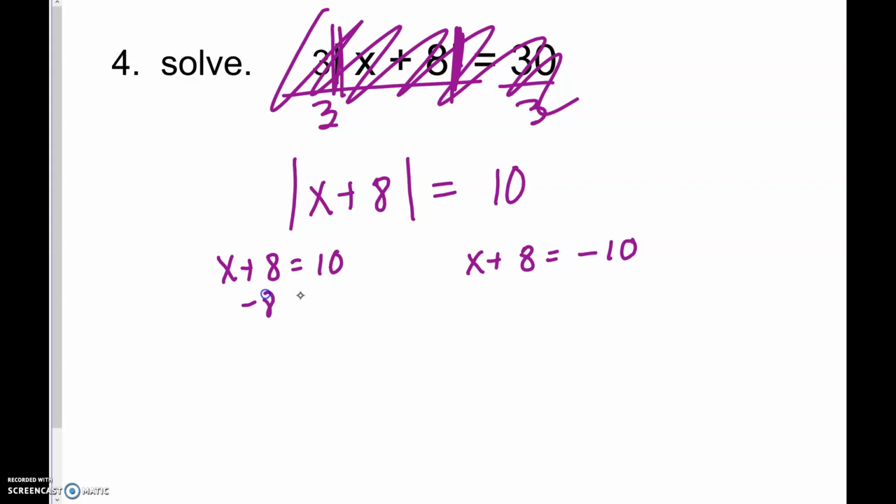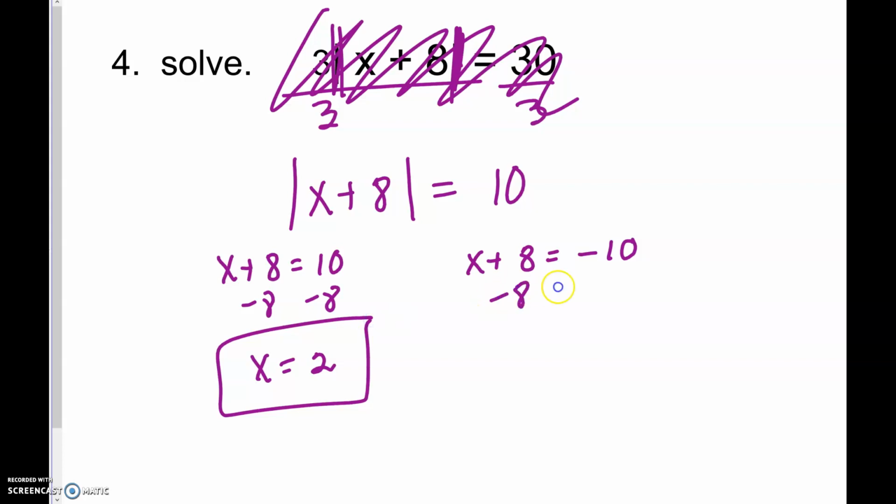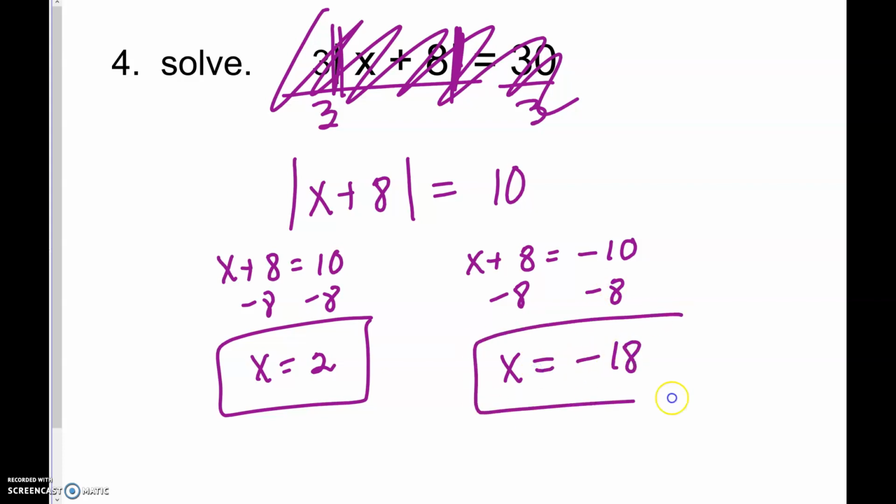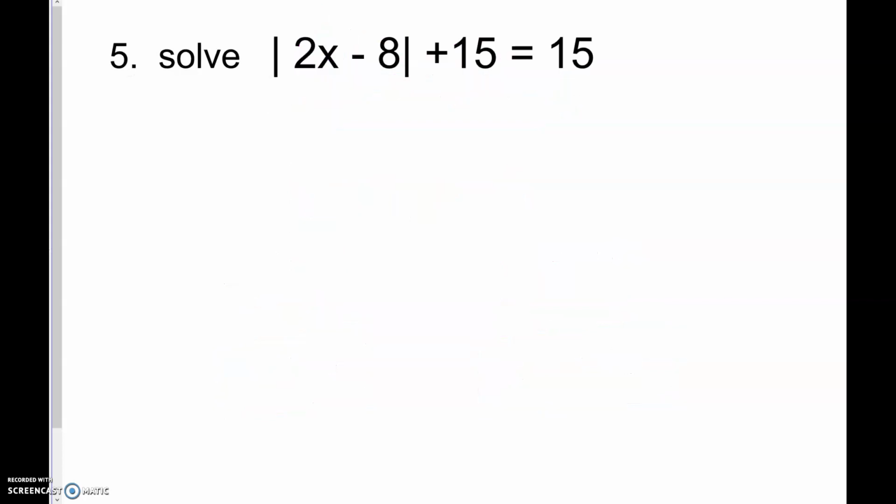So we're going to subtract 8 from both sides. So one answer here is x is 2, and another answer here looks like x is negative 18. So our two solutions are 2 and negative 18.